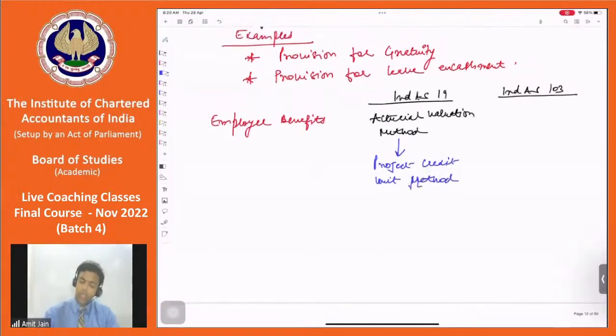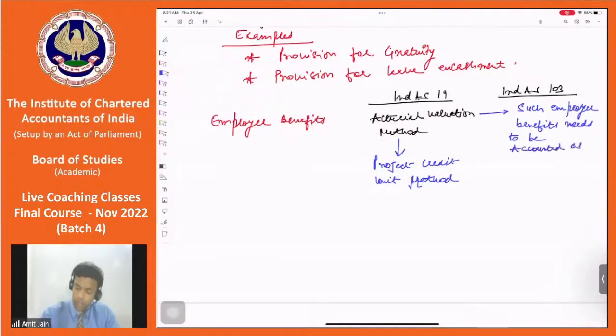Right? Same concept will continue under 103. Such employee benefits need to be accounted as per Ind AS 19. That means we are not recording them at fair value, we are recording as per Ind AS 19.